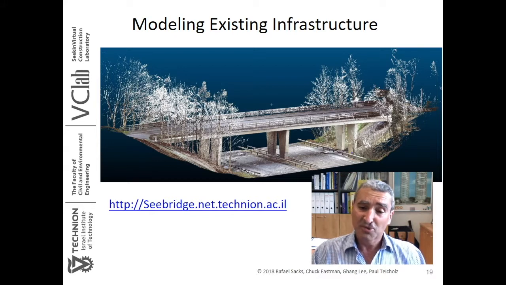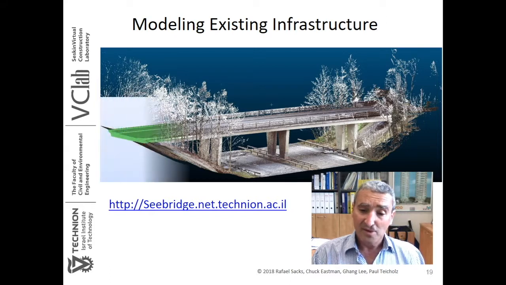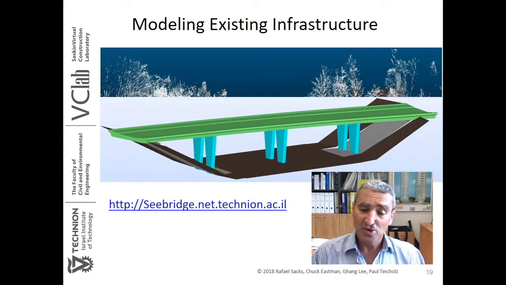One of the projects that's pushed this idea much further ahead is called Seabridge, and this was a European Union project under the Information umbrella, which really went very far in being able to scan a bridge like this one, identify the 3D objects that are within it, and then turn those into BIM models that are native models together with all the connections and the other rich semantic information that we need to be able to use.